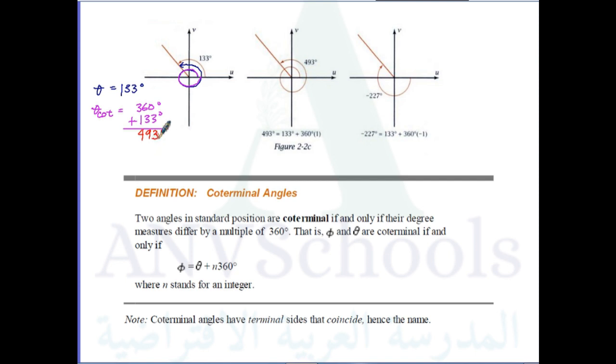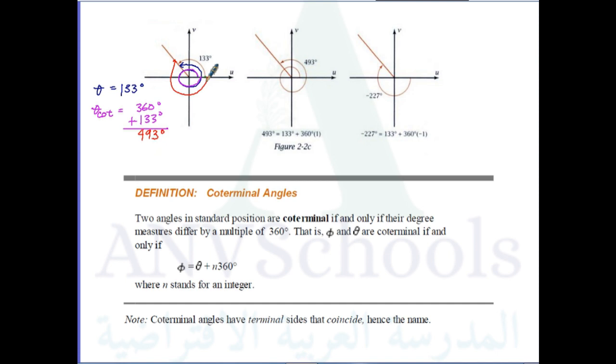Now another coterminal could be coming from the negative, or from the clockwise direction. We can find that by subtracting 360. Notice that if we continue this red line up to here, that would give us a complete circle, and that's 360 degrees.